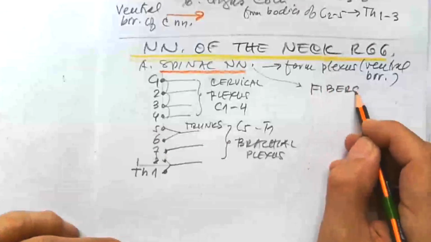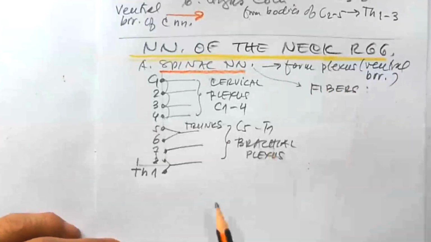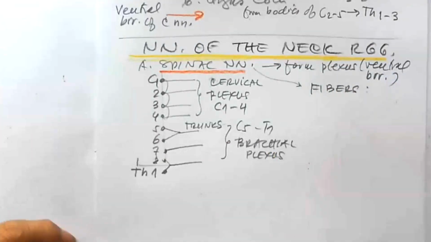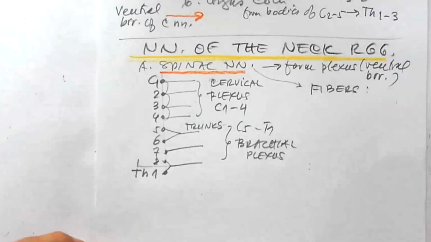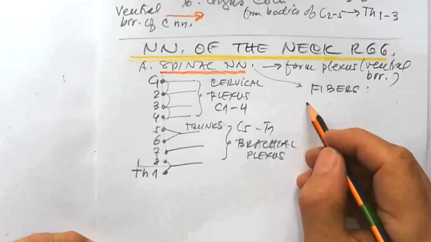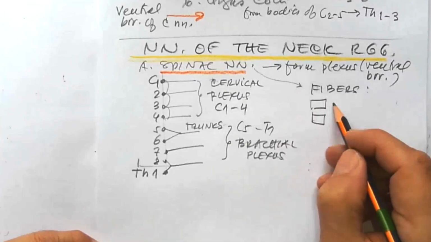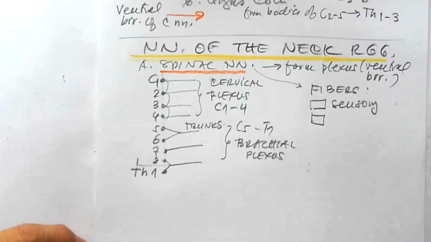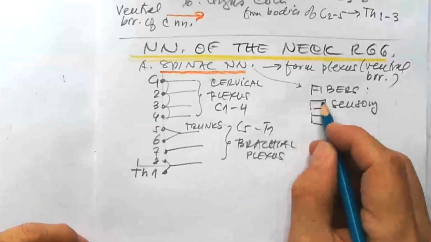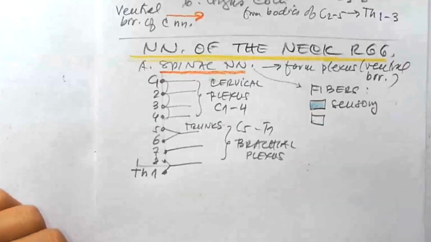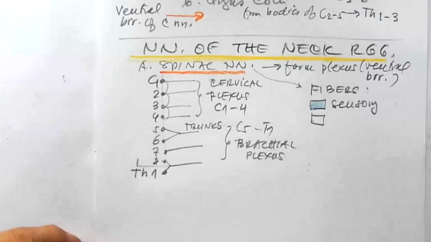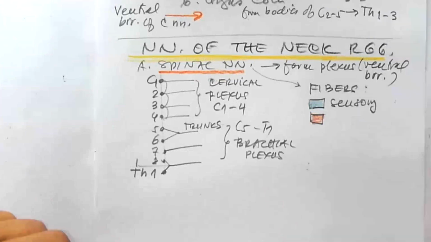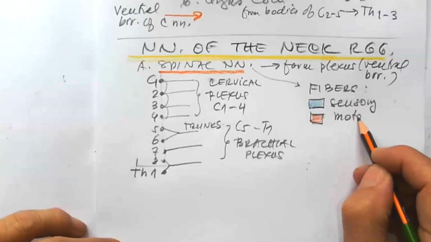We would use from now onwards always these three colors. The first one is sensory, using blue. So sensory for the skin, subcutis, preferably using light blue in our diagrams. Then motor would be in red, motor branches for the muscles.